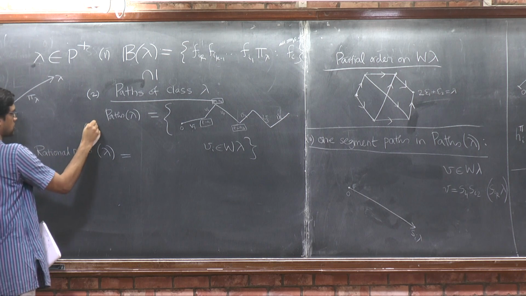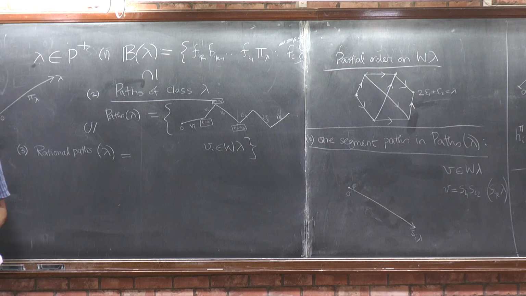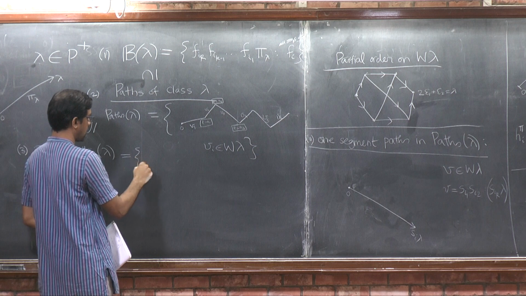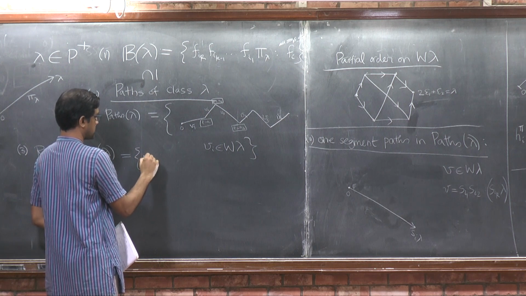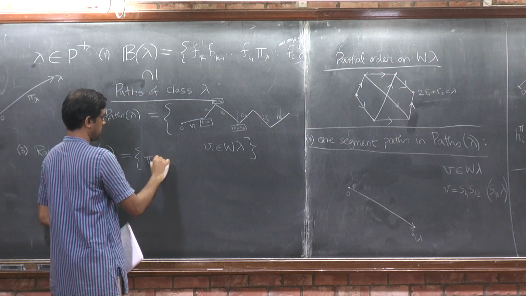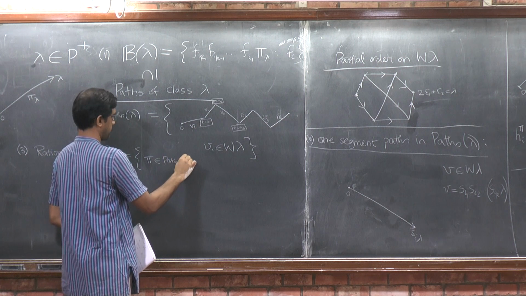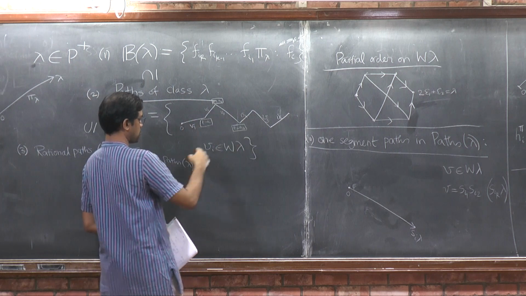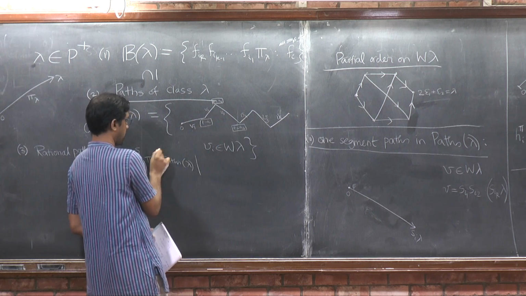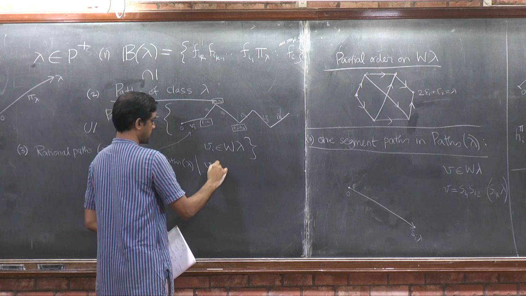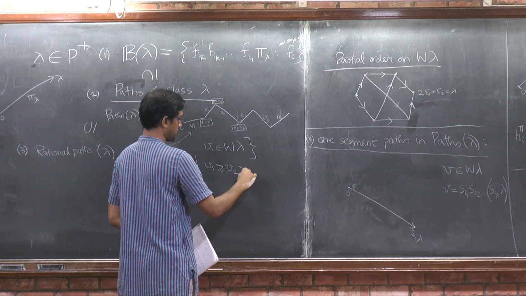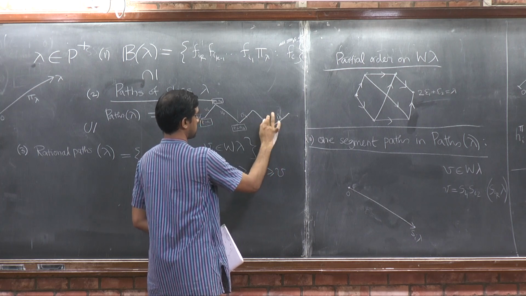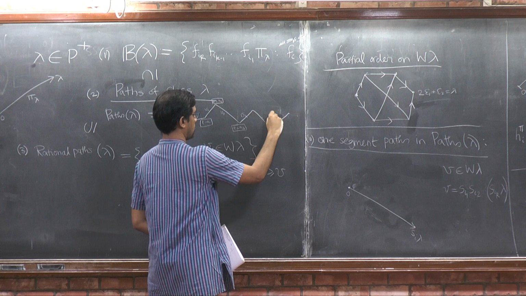Rational paths are also paths, with one constraint: all paths pi, such that these directions, so I'll just think of pi as this path here, with the property that there's a decreasing condition on the directions, nu 1, dot dot dot, nu r.